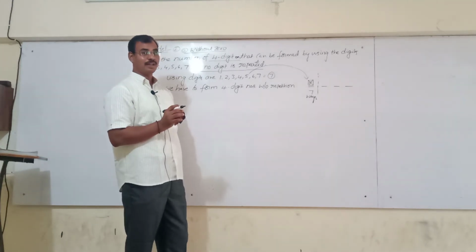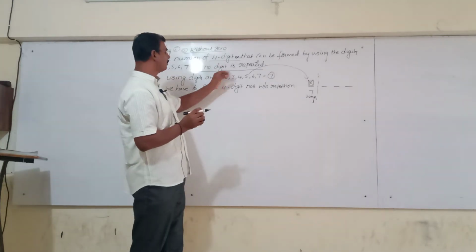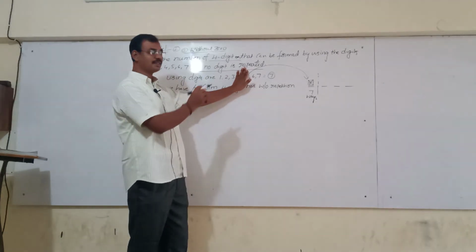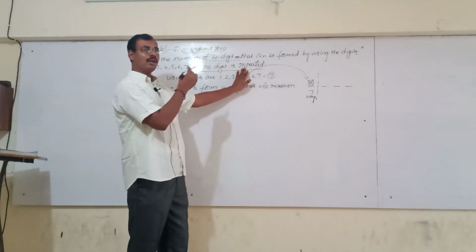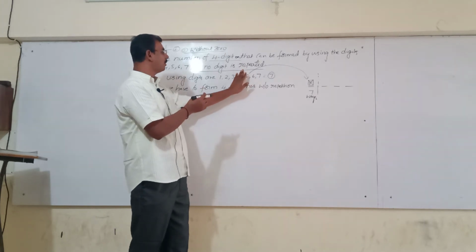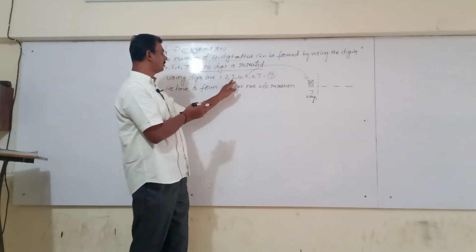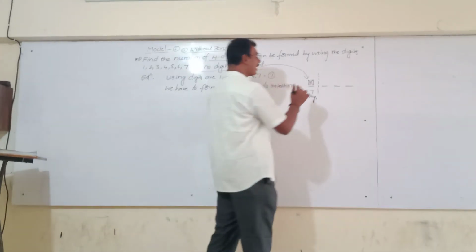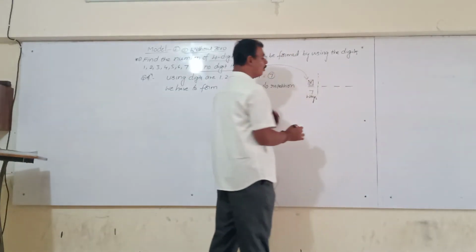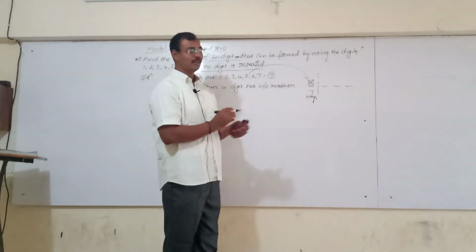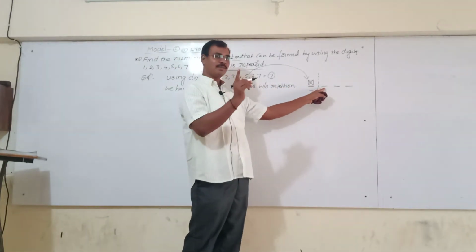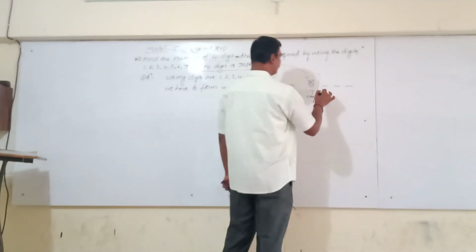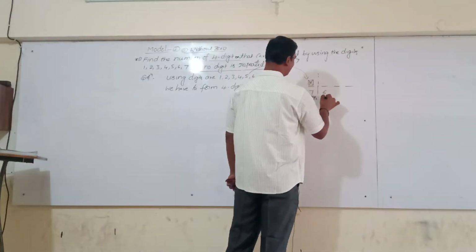Suppose 4 is filled in the first place. One number has gone, so the remaining are 6 numbers. In the second place, how many ways could I choose? I have to fill in 6 ways. Clear this one?